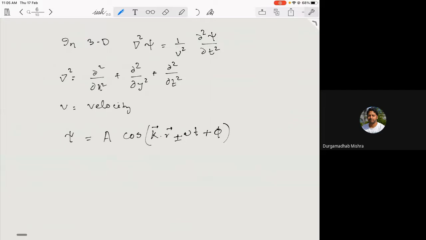Normally the solution is written as a complex one. So instead of this cosine, this exponential function will also work.